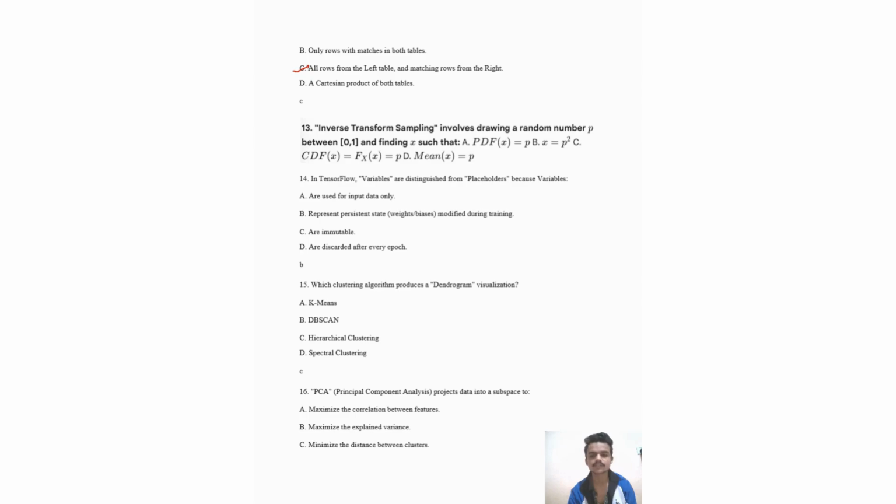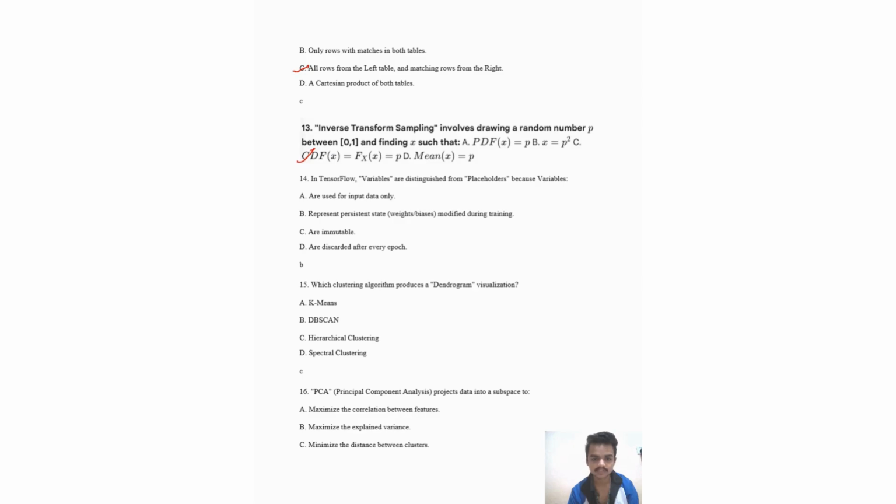13. Inverse transform sampling involves drawing a random number p between 0 and 1 and finding x such that the CDF of x is equal to p. So the answer here will be CDF of x is equal to p.